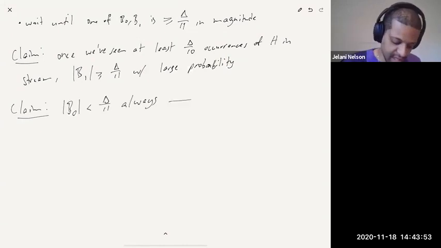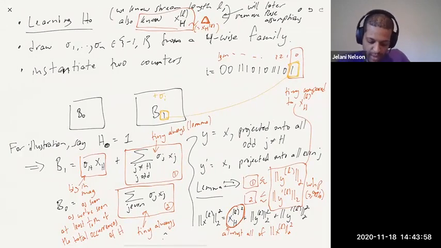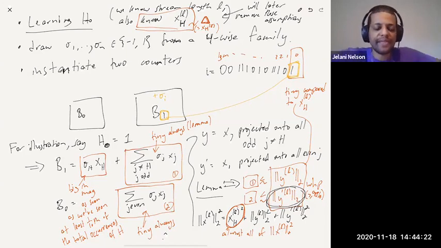So this is just the lemma. The lemma says that B0 is always at most Y prime at time L in L2 norm, but that's way less than delta over 11. So the lemma combined with Markov's inequality implies that with really good probability, B0 will never be big. B0 will always be small. Furthermore, at the time when we've seen the delta over 10th occurrence of H, B1 will be large.